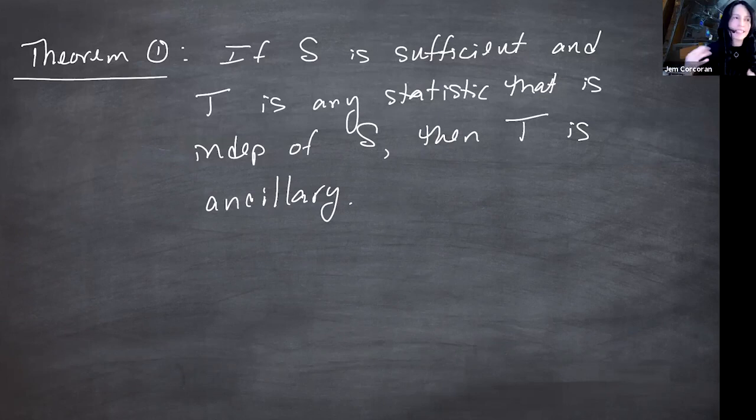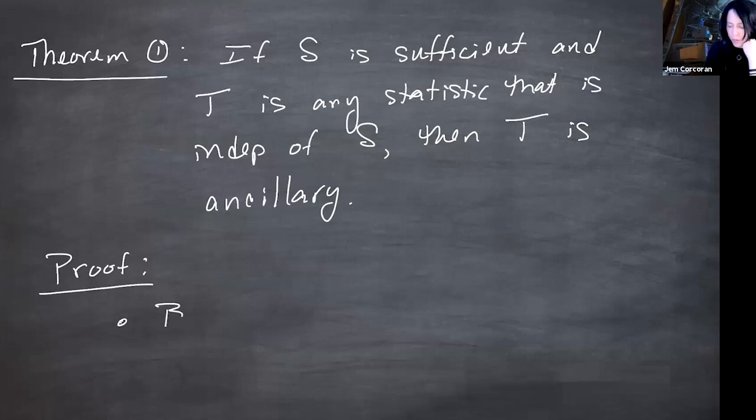Ancillary statistics contain none of the information about theta. They seem to be opposite in some sense, and theorem 1 and theorem 2 are those two senses. So let's prove this theorem because it's super quick. If you have something sufficient and something independent of that sufficient statistic, the independent statistic must have a distribution whose parameter does not depend on theta.